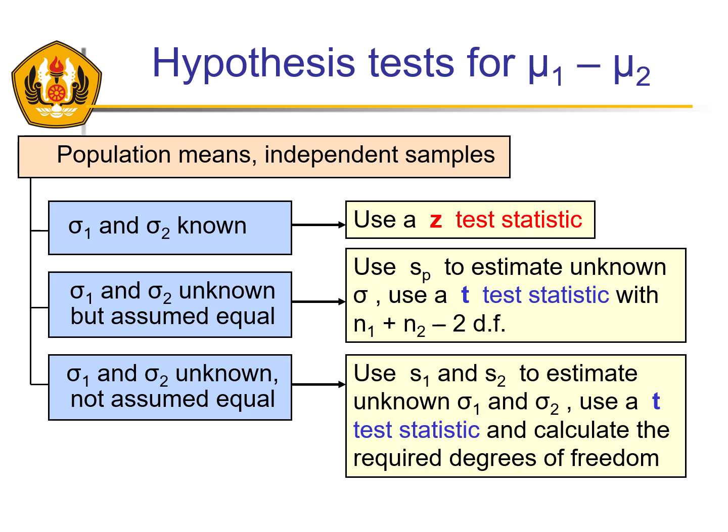And the last case is if we do not know sigma 1 and sigma 2, and they are assumed to be unequal, we can also use a test statistic, but we use S1 and S2 as the estimates of the two population variances.